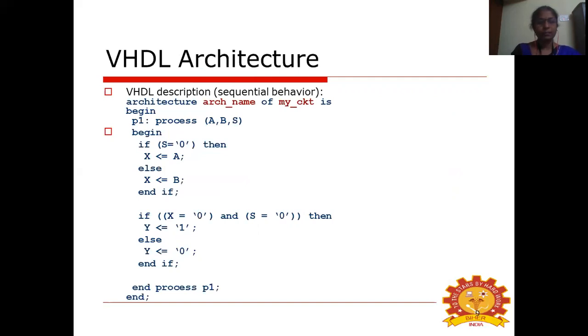VHDL architecture. The simple behavioral description is given for the above specification. For architecture, you will give an architecture name and the entity name. For architecture, you will have begin and end. Within architecture, you have to represent the process.